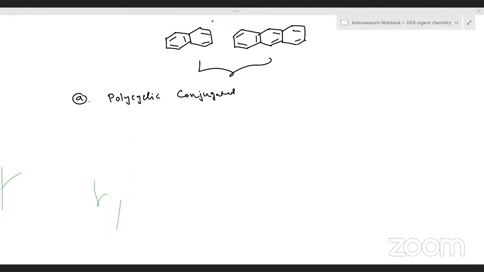Polycyclic conjugated system with 4n electrons. Like previously, we have seen the pyrene molecule.